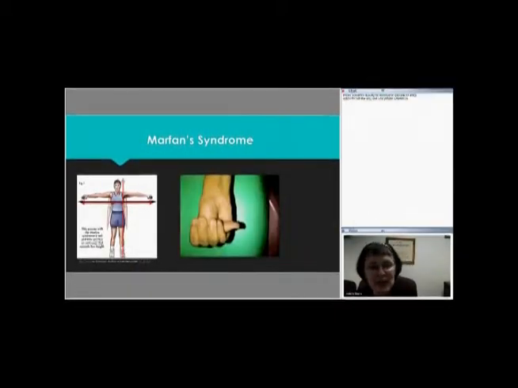And here's what I was talking about with Marfans. You see how flexible they are with their thumb, and see how long their thumb is. And you can see the arm span is longer than the head-to-toe span in Marfans.